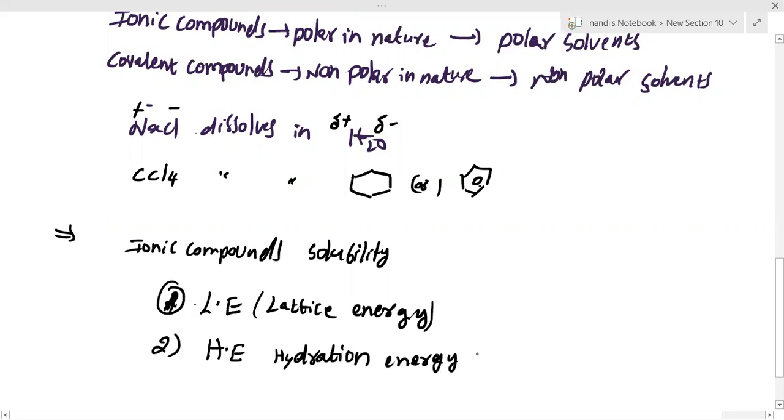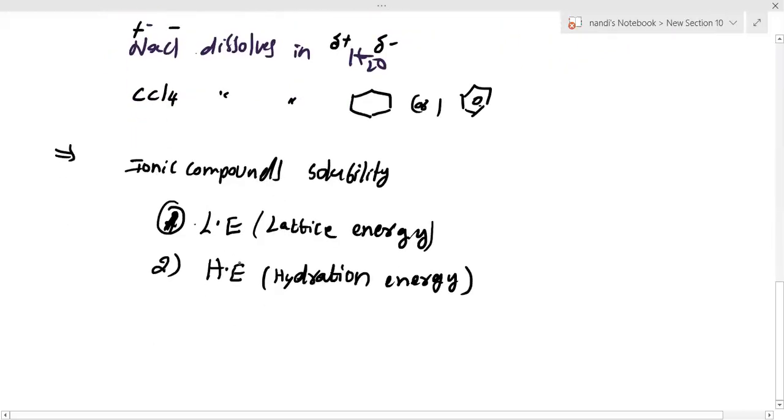Understood? Lattice energy belongs to the ionic compound. Hydration energy belongs to after the ionic compound is dissolved in solvent. Then we are getting hydration energy. Actually, solvation energy is the better term.